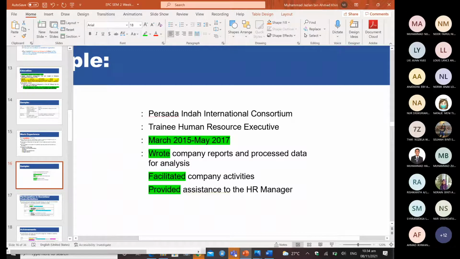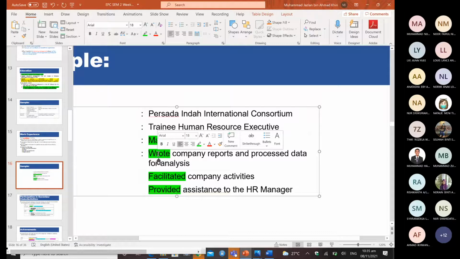Notice the words that have been highlighted in green, ladies and gentlemen. You start first off with the name of company and name of position, followed by the duration of employment, in this case, 2 years from 2015 until 2017. And when you write the details of the responsibility, they should be reported in past tense. Notice that each sentence is written in past tense: wrote, facilitated, and provided.